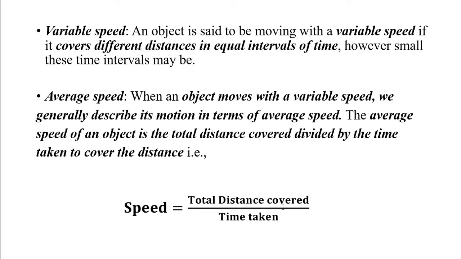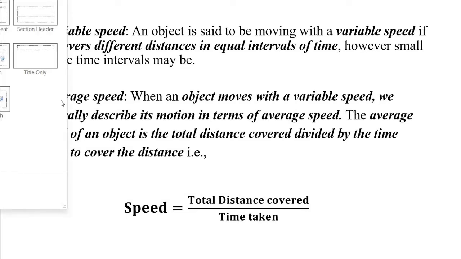That is the average speed. We can consider a journey of a vehicle from one point to another. Let's say it covers a certain path like this. This is the initial point, this is the final point.